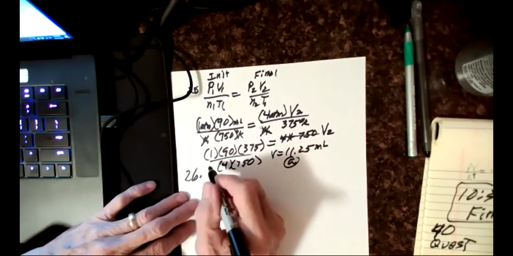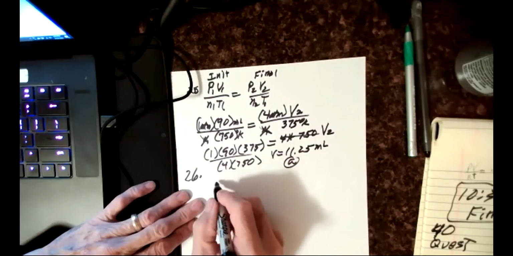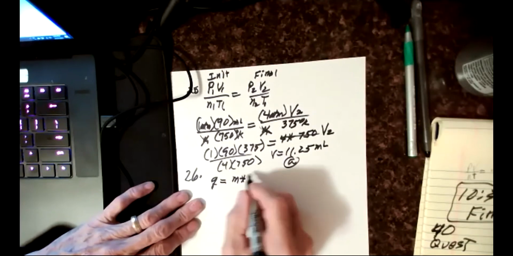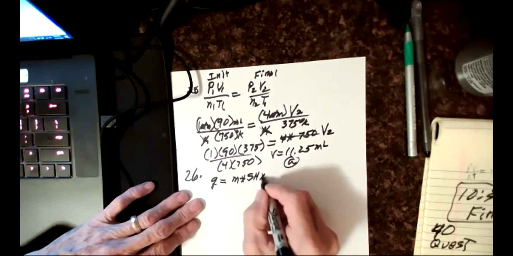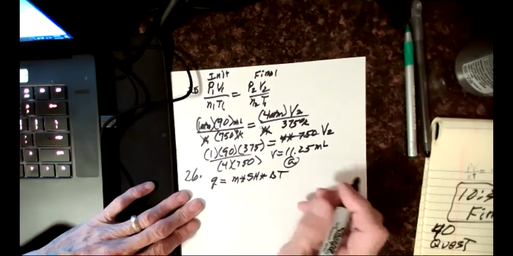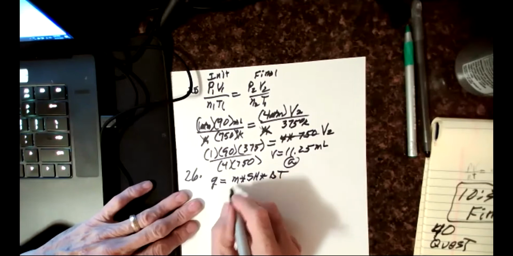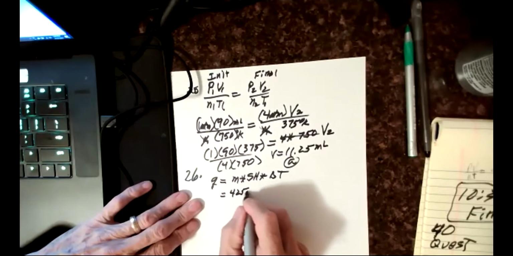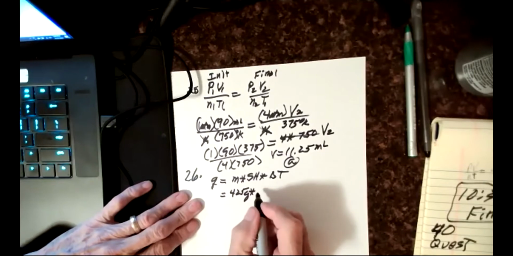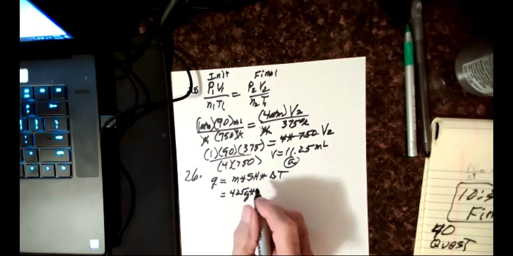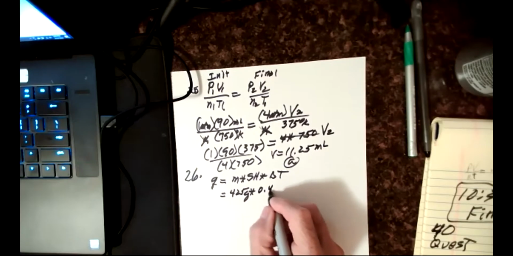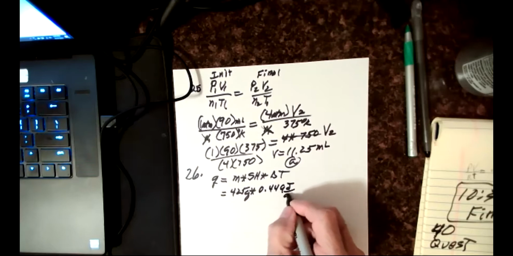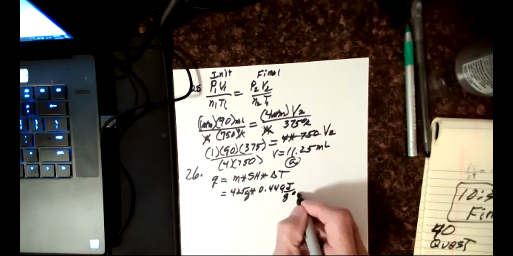We've got a sample of iron, and we're using the calorimetry equation. Q is mass times specific heat times temperature change. Okay, the sample weighs 425 grams. Now let's look at the specific heat and be sure we're good. Yeah, the specific heat is 0.449 joules per gram per degree Celsius.